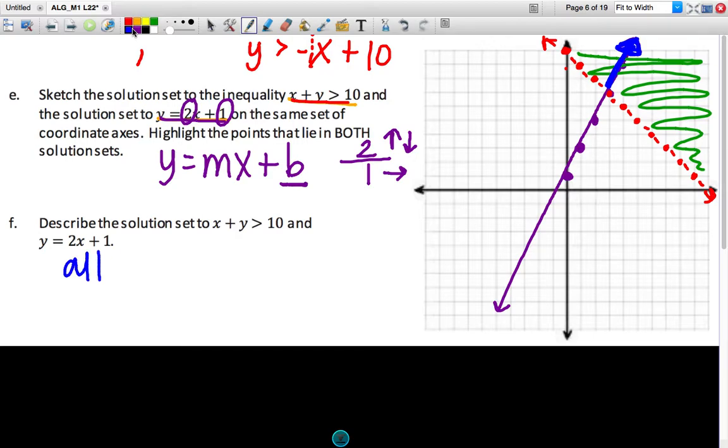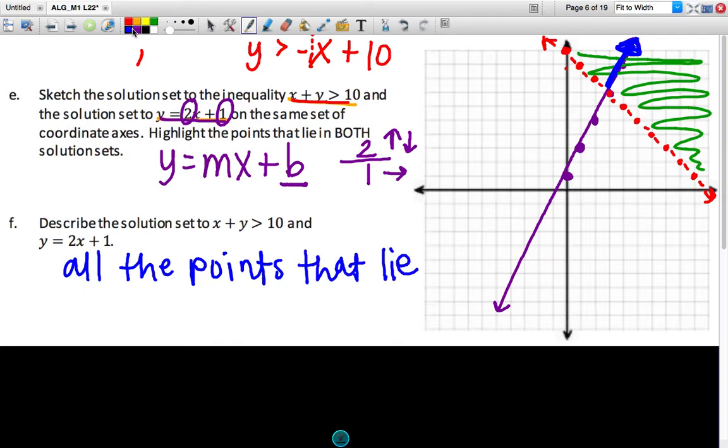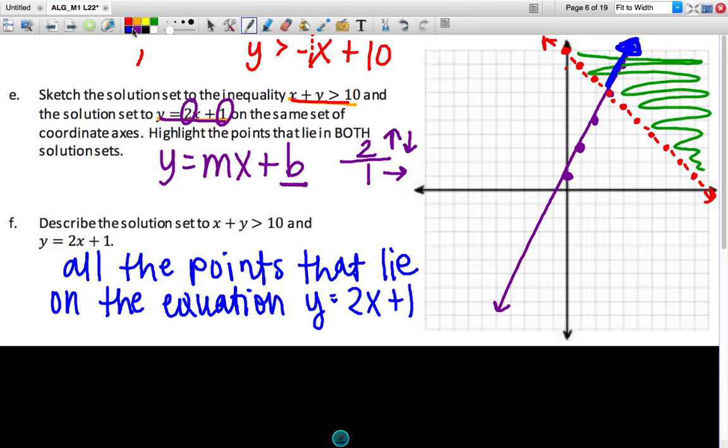All the points that lie on the line, so on the equation, and above the inequality line.